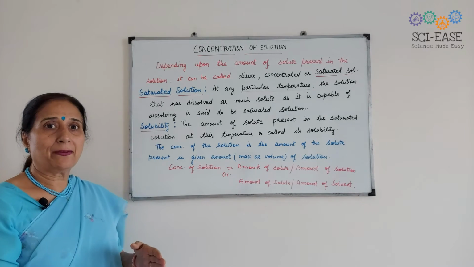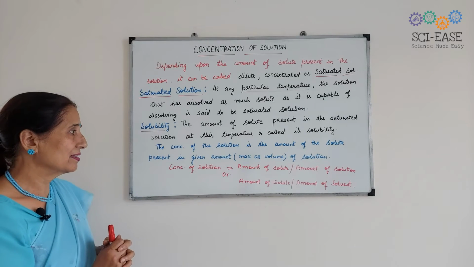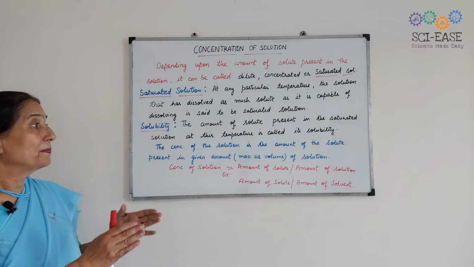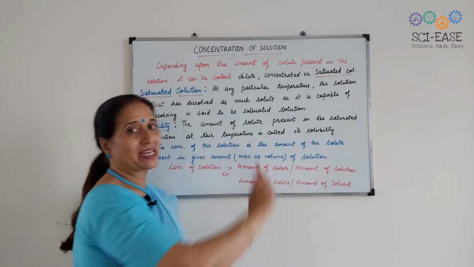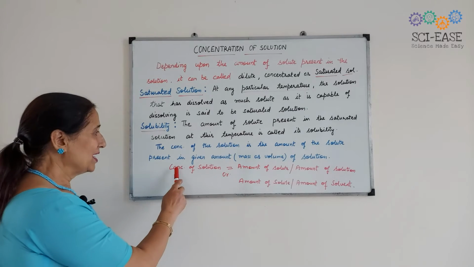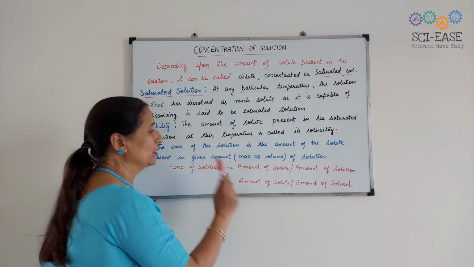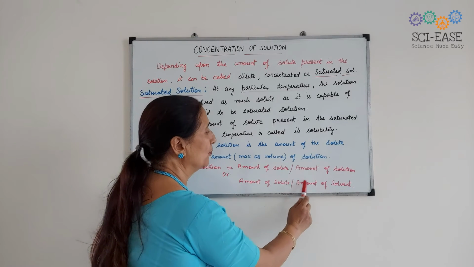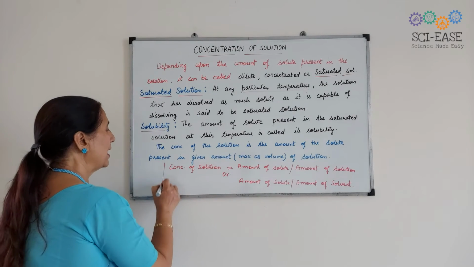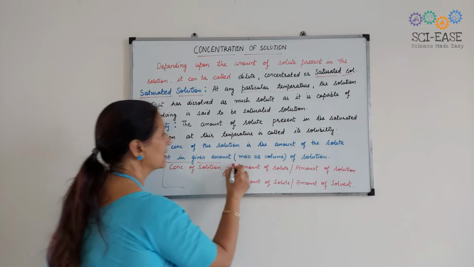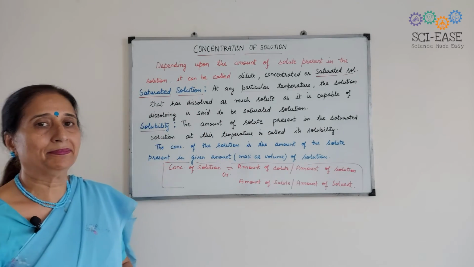The second way of defining concentration is the amount of the solute present in a given amount of the solvent. So, concentration is equal to amount of the solute over amount of the solvent. This is very important, and on this basis sometimes numericals are there in the exam.